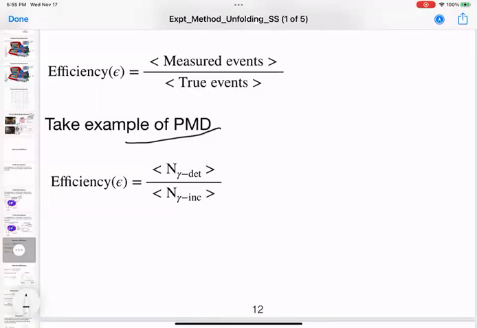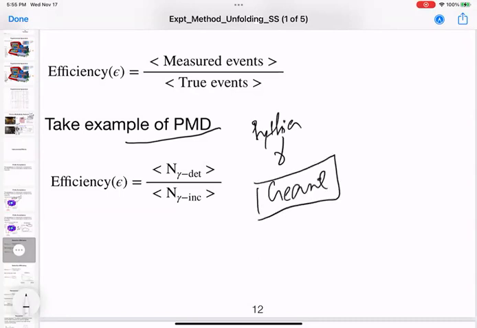In ALICE, we can generate some events using Pythia, and this Pythia can generate some photons, and then those photons pass through the GEANT model of the PMD that is installed. Then we have what we detect in our detector. The ratio between this detected part and this incident part is called the efficiency.